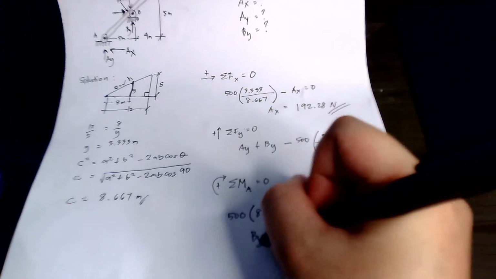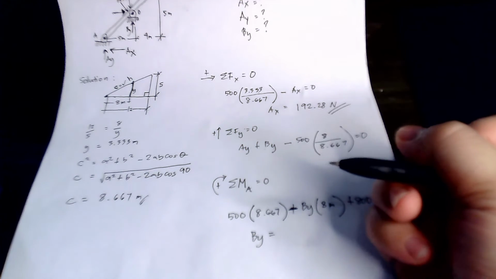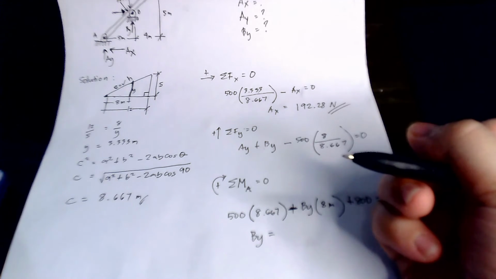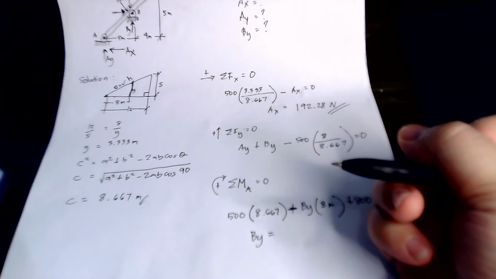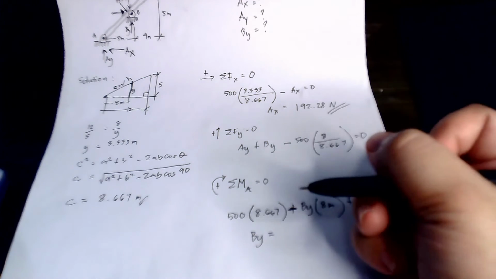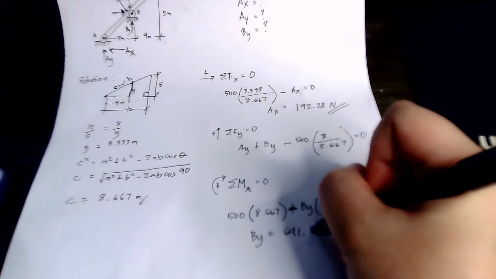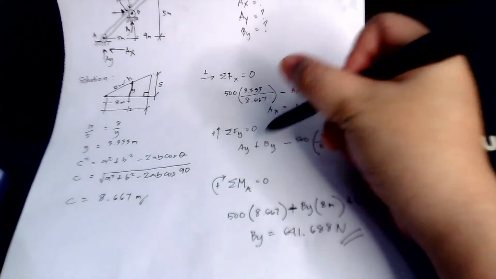So BY equals 500 times 8.667 plus 800, divided by 8, and you will get BY at 641.688 Newton.